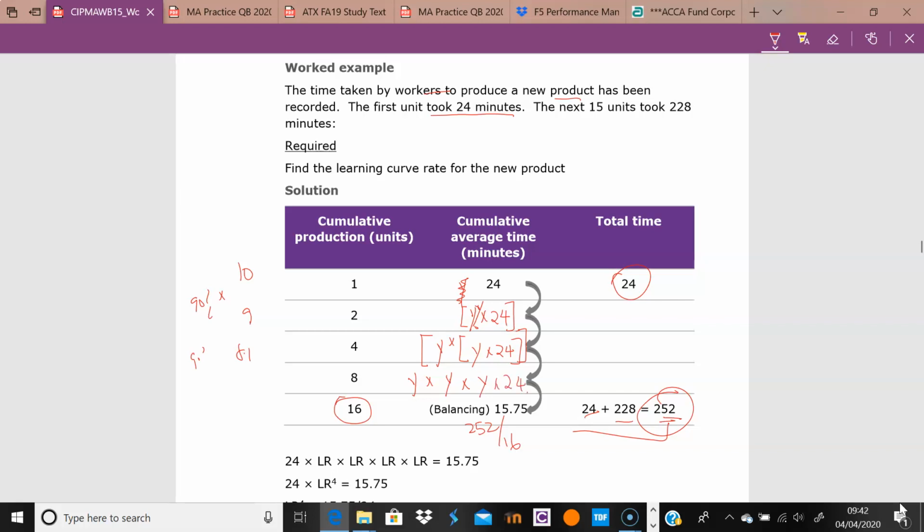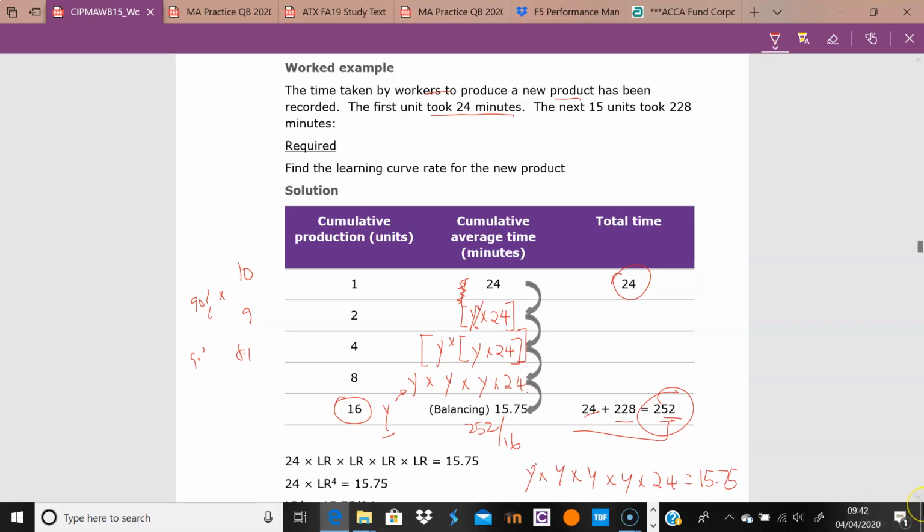So it means that over here, 15.75, what I have now is Y times all of this, right? So what I'm in effect saying is that Y times Y times Y times 24 is equal to 15.75, which is what you see here, in effect.